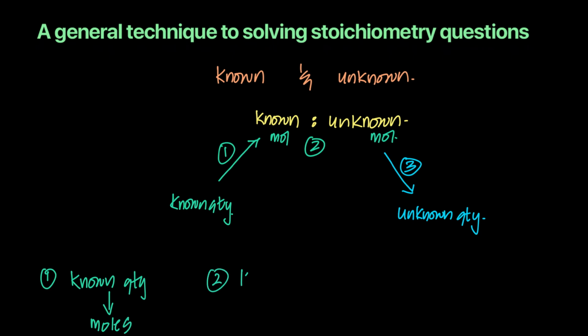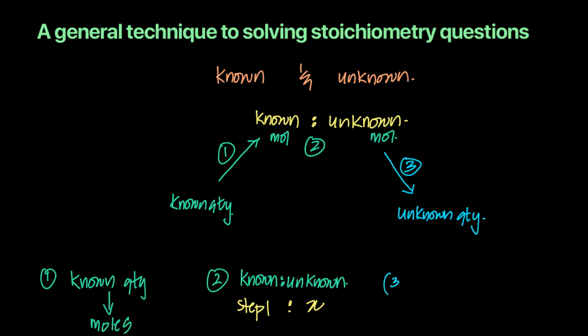Step number 2 would be to use the known and the unknown's coefficients in the equation in a ratio to find the moles of the unknown. Now you want to find the moles of the unknown, but the moles of the known will come from step number 1.